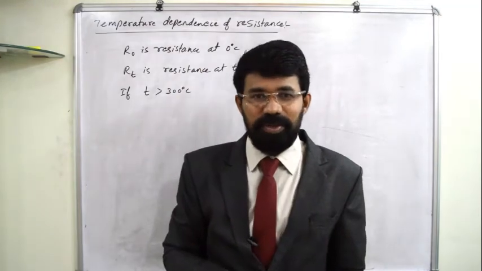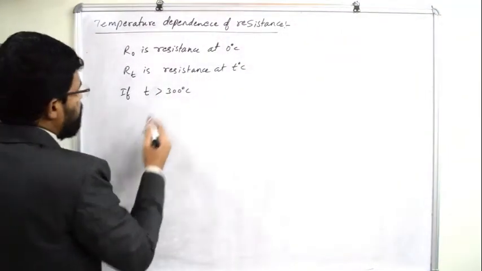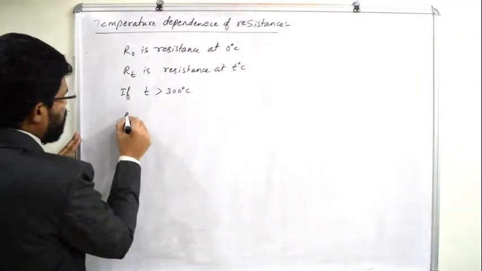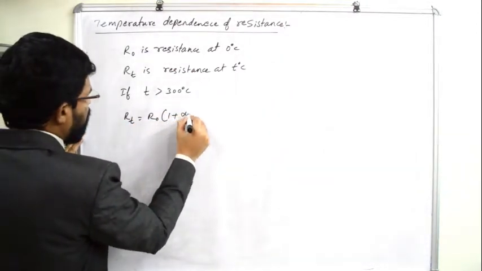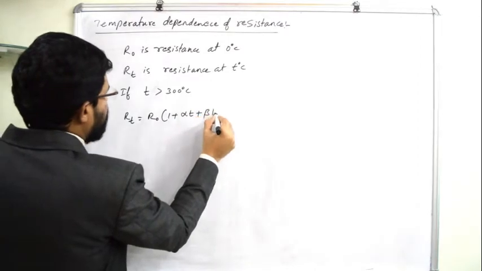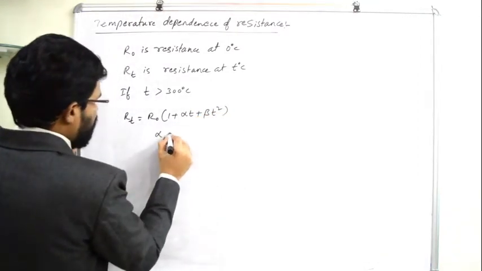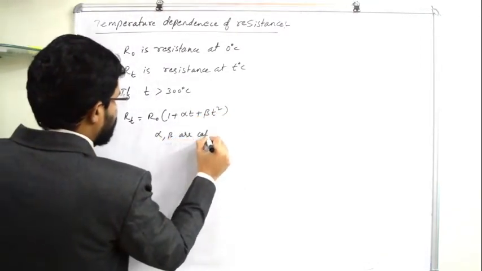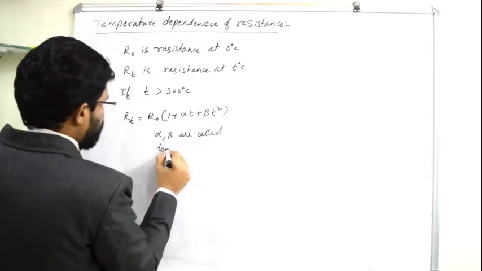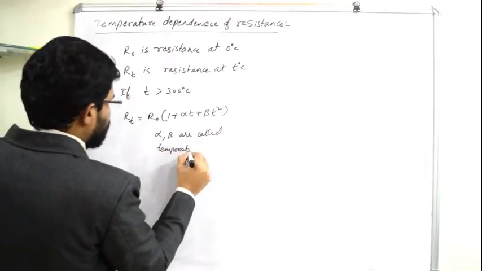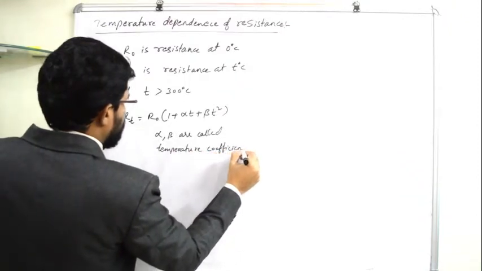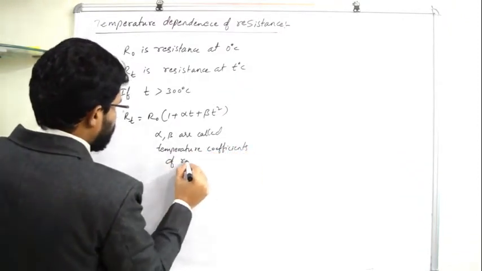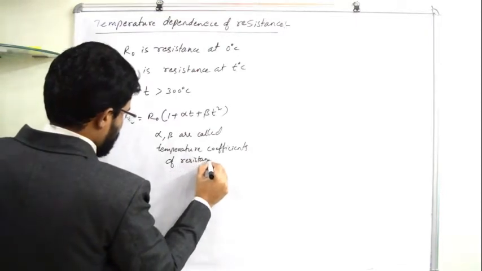So if T is greater than 300 degrees Celsius, then RT can be expressed as RT equal to R naught (1 plus alpha T plus beta T square), where alpha and beta are called temperature coefficients of resistance.